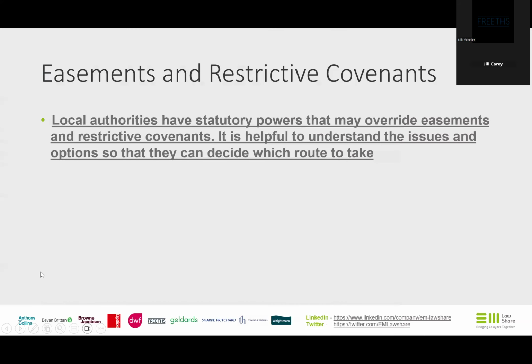Just to state at the outset, where you are in or working in a local authority, there may be statutory powers that would override easements or restrictive covenants. But before you make the decision to do that, obviously it's helpful to understand what the issues and the other options are so that you can make sure you're making the right decision.